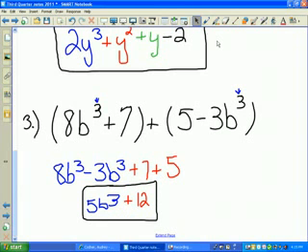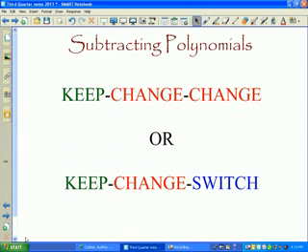So most of the time, most of the students were just basically checking their answers. So to continue on, as promised, I said we're going to talk about subtracting polynomials. And the key thing still continues on with addition. The key part of adding and subtracting polynomials is to find like terms.